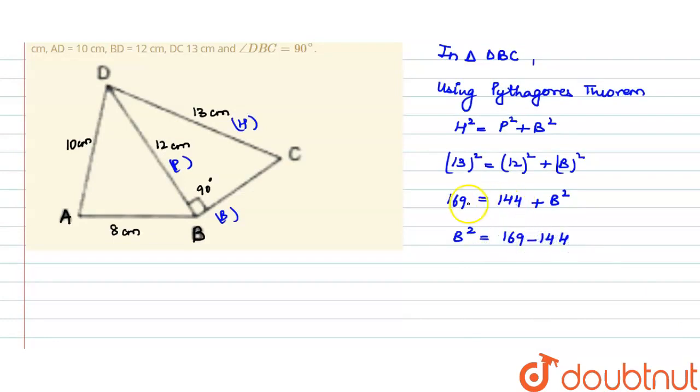I have just taken this on the left hand side, write it in this format. So b square will come out to be 25. Now b square is equals to square of 5. From here b comes out to be equal to 5 centimeter. So value of b came out. So this is 5 centimeter.